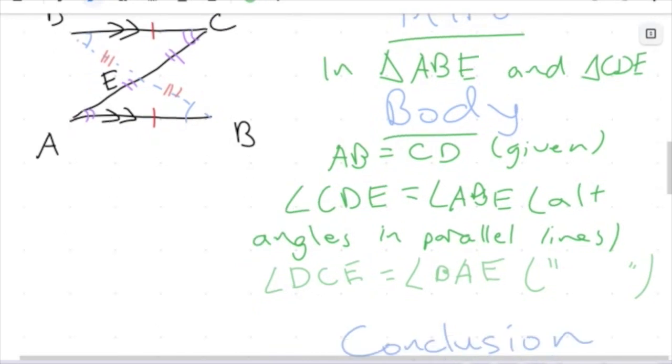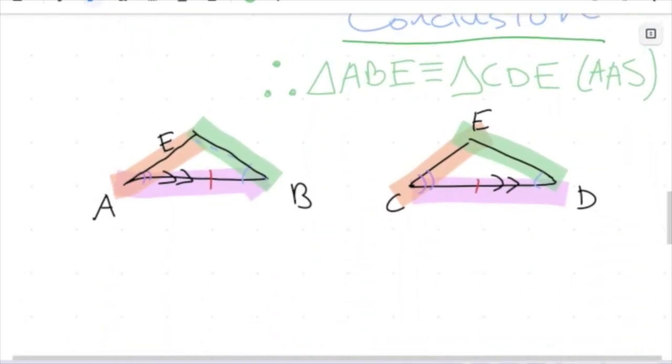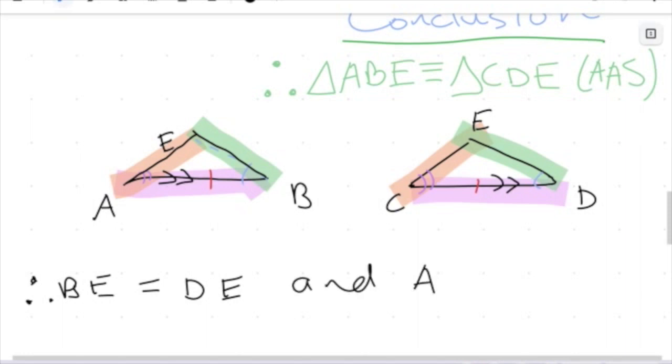So after I have my congruence statement, I can then say, therefore, BE is equal to DE and AE is equal to CE.